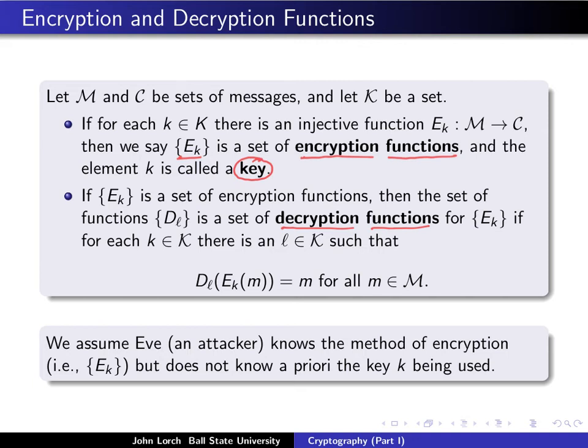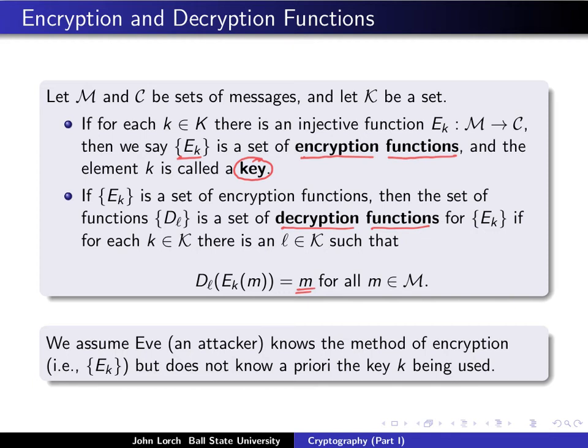So D sub L acts as an inverse on E sub K. Right? And that sort of makes sense, right? You start with your natural message M, you apply E sub K to M to get your secret writing, and then you apply D sub L to your secret writing to come back to the original message. Right, so that's how Bob and Alice will communicate with each other.